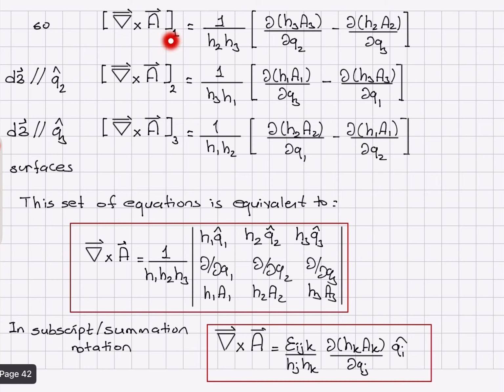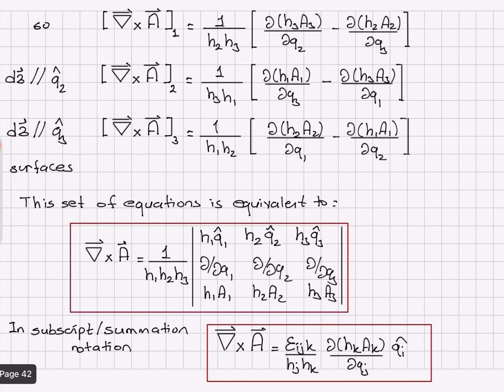For example, for the first component, I have 1 over H2 H3, times ∂(H3A3)/∂Q2 minus ∂(H2A2)/∂Q3. For the second component, 2, 3, 3, 1, 3, 1, so we have H1 A1 derivative with respect to Q3 minus H3 A3 derivative with respect to Q1, etc.